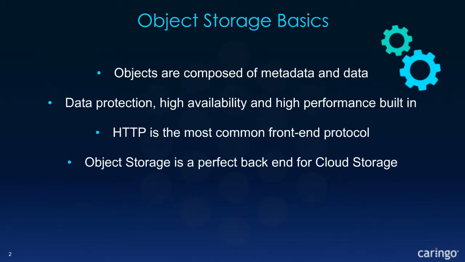In the ideal case, of course, some people have represented object storage as a service put together by legacy blocks, but in the pure case, object storage is architected from the ground up. And HTTP is the most common front-end protocol, and we'll see why that's really important for a purpose-built object system, and it's especially important because the containers for objects that are ideal are highly optimized for HTTP.